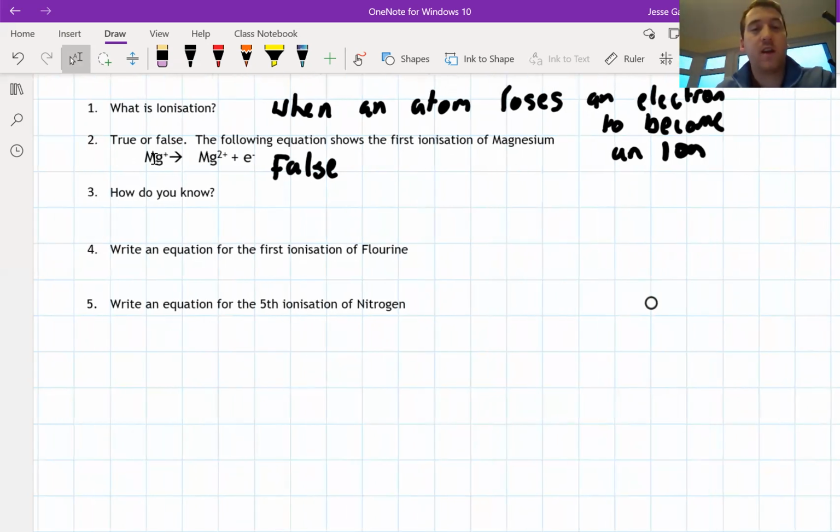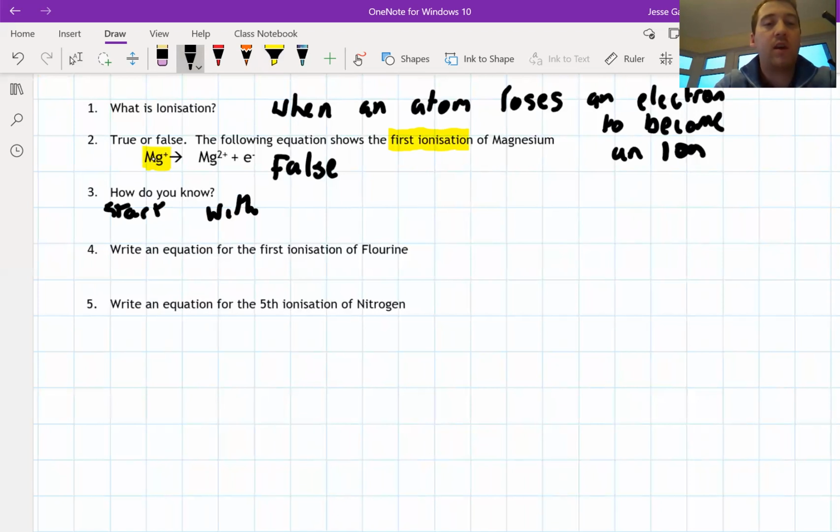And the reason for this, how do you know? Well, it's because it's not the first ionization. It asks you, does it show the first ionization? Now we're starting with a monopositive ion, so this can't be the first ionization. How do you know? We know because we start with a monopositive ion.